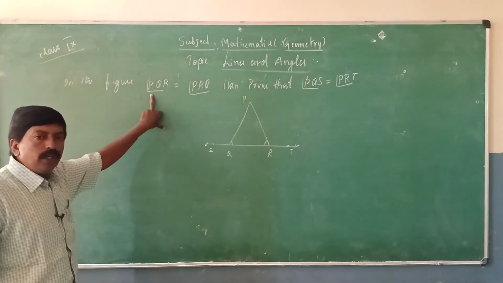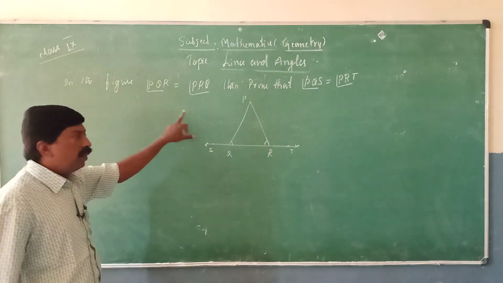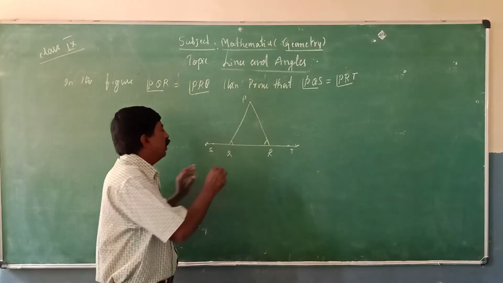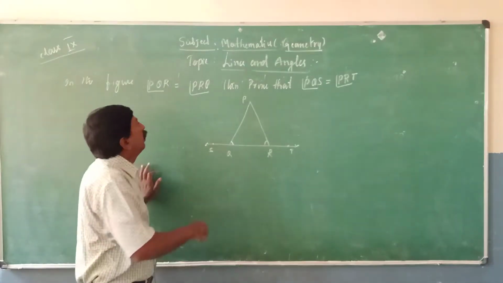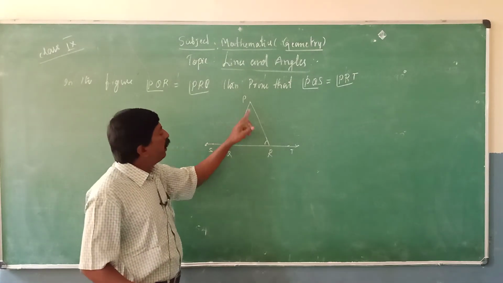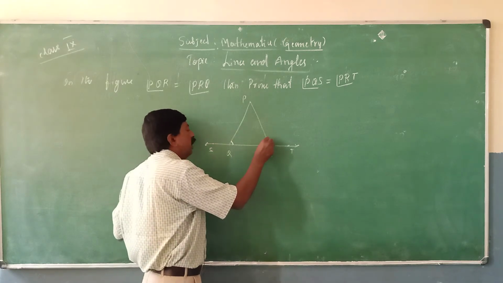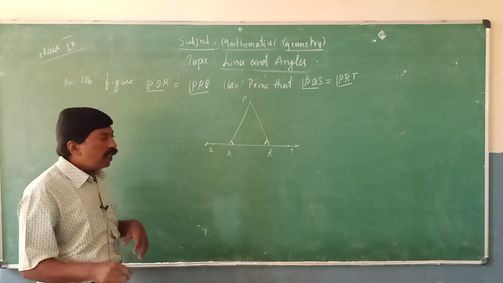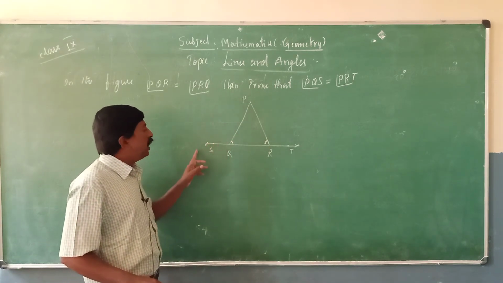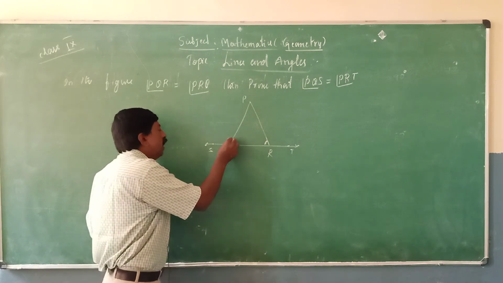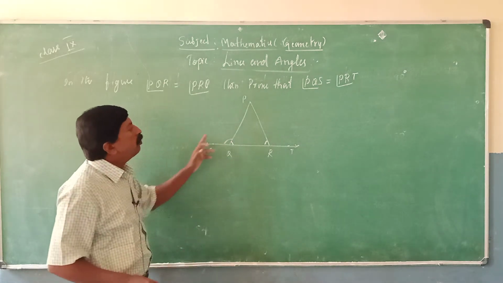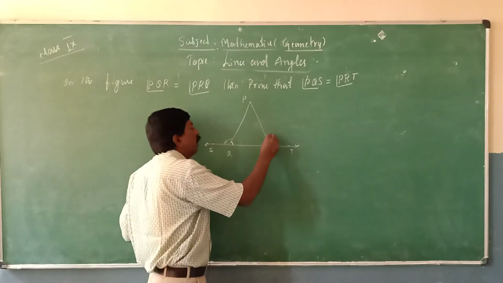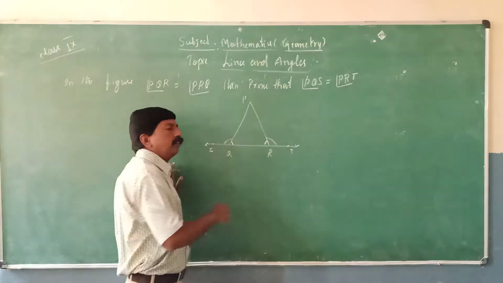Identify PQR angle in this diagram. Yes, PQR is this angle. That is equal to PRQ angle, this angle. Show that PQS, this angle, must be equal to PRT angle.